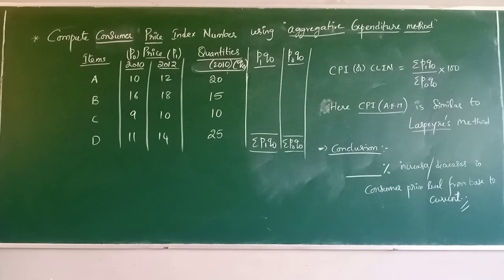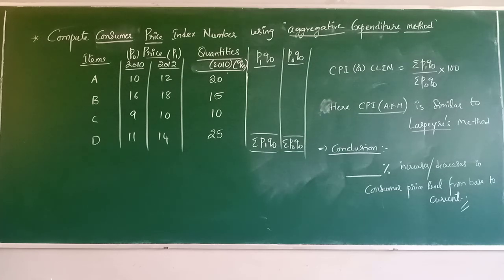So this CPI, the aggregative expenditure method, is similar to the Laspeyres price index method. So look at the formula there. Cost of living index number or CPI equals summation P1 Q naught by summation P naught Q naught into 100.